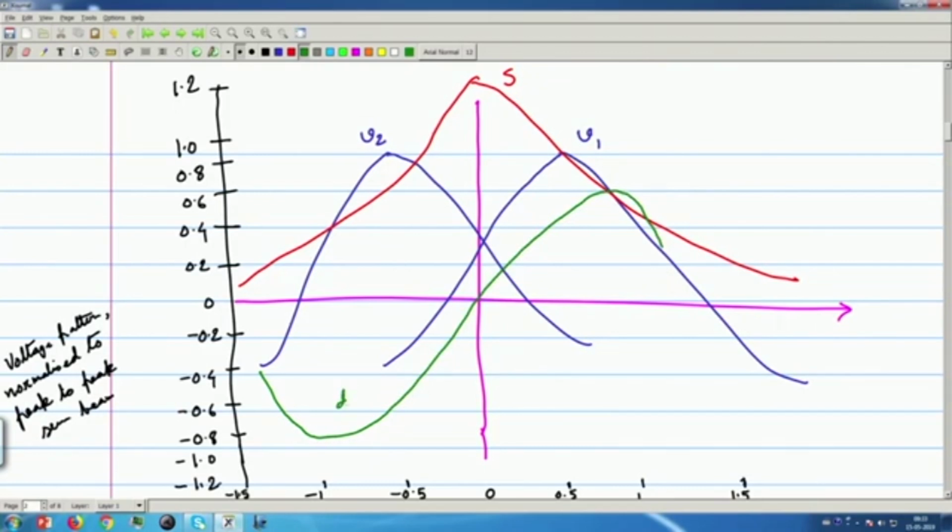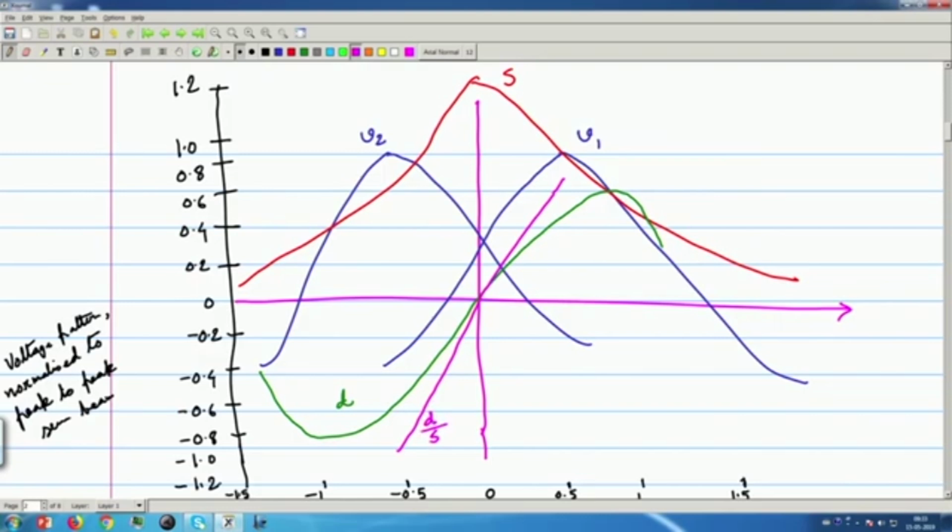This is the difference, and the most important one, I have used that color. Let me check that. D by S, this is our D by S.